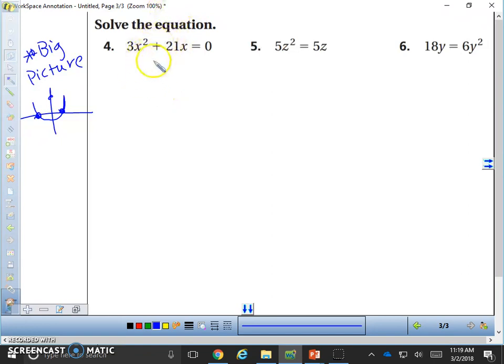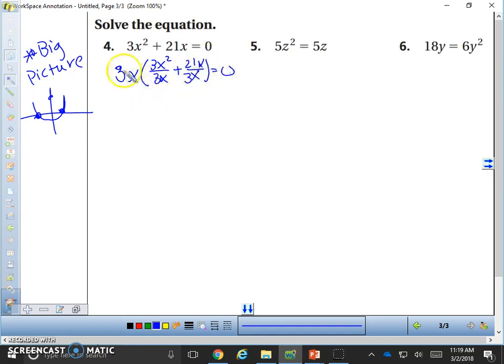So let's factor this. What goes into 3x squared and 21x? They both have an x, so we're going to take out an x. 3 goes into 3. 3 also goes into 21, so we're going to take out a 3x. Here's how we take out 3x. We divide everything by 3x.